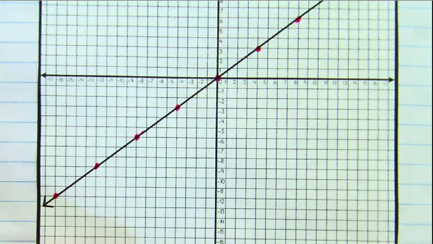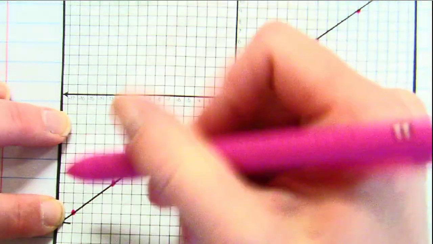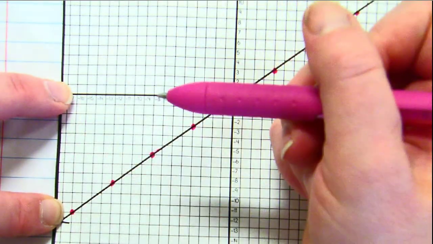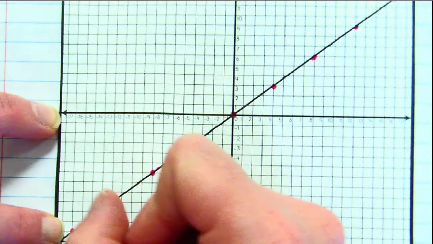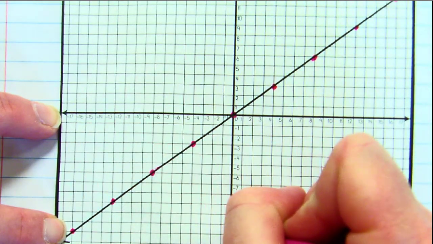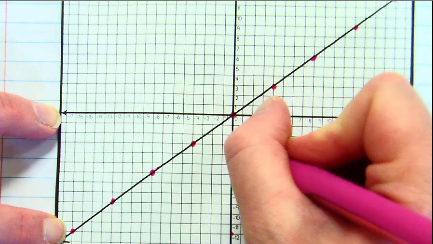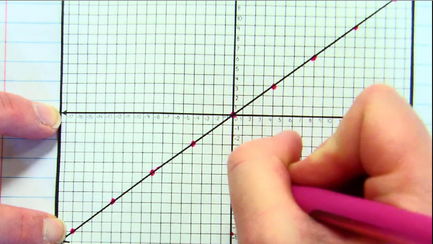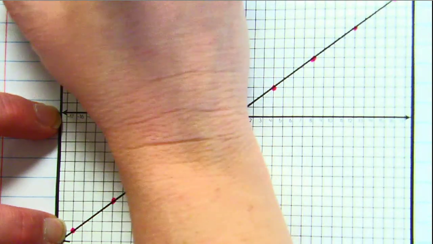There and there. So if I were to name all of these ordered pairs, the x here is negative 16. So I'm going to make negative 16. And then the y is like 1, 2, 3, 4, 6, 7, 8, 9, 10, 11, 12. Okay, just making sure.